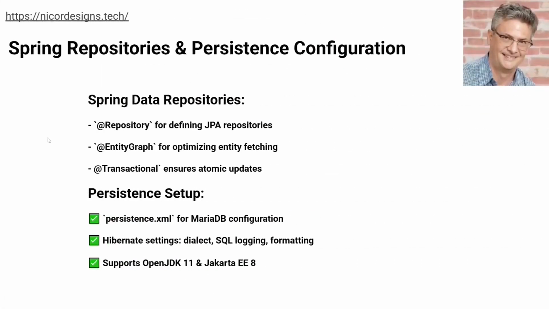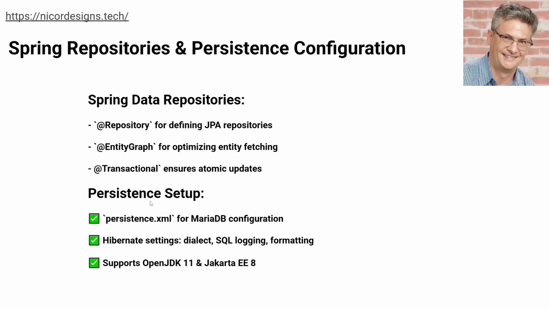When we look at Spring repositories and the persistence configuration, you see we use @Repository for defining JPA repositories. We use @EntityGraph for optimizing entity fetching, and we use @Transactional to ensure atomic updates.